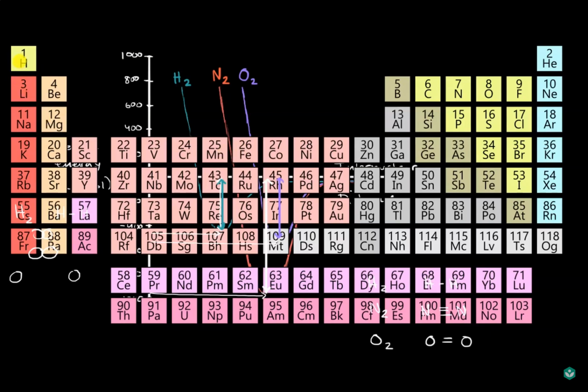Remember, your radius for an atom increases as you go down a column, but as you go to the right on a row, your radius decreases because you're adding more and more electrons to the same shell, but the Coulomb forces are increasing between that outermost shell and your nucleus. And so if you just look at that trend, as you go from nitrogen to oxygen, you would actually expect your atomic radius to get a little bit smaller. They're right next to each other. They might be close, but you say, okay, oxygen, you have one extra electron in that same second shell. Maybe it's going to be a little bit smaller.